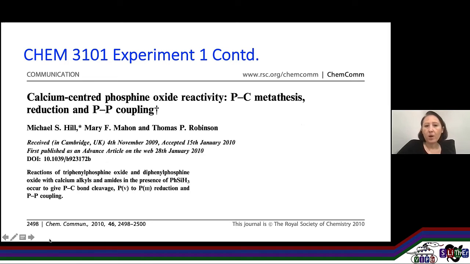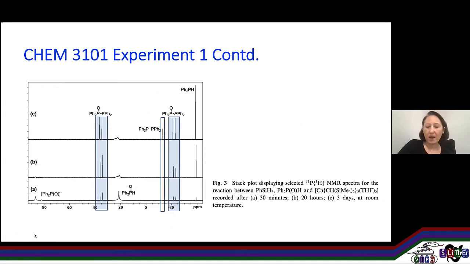Then we talk about what could go wrong, like what just happened. So we go back to the literature and look at how we oxidized our phosphine. We talk about in this literature article that when it's oxidized, then it's no longer the single peak that we were expecting to see.